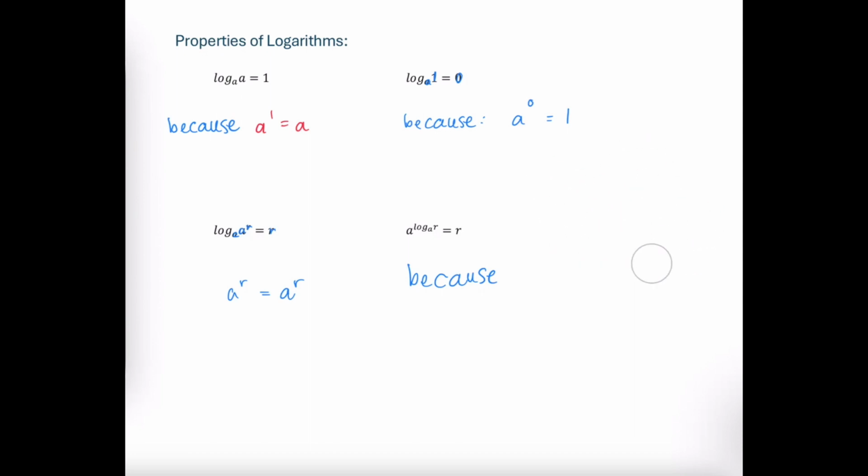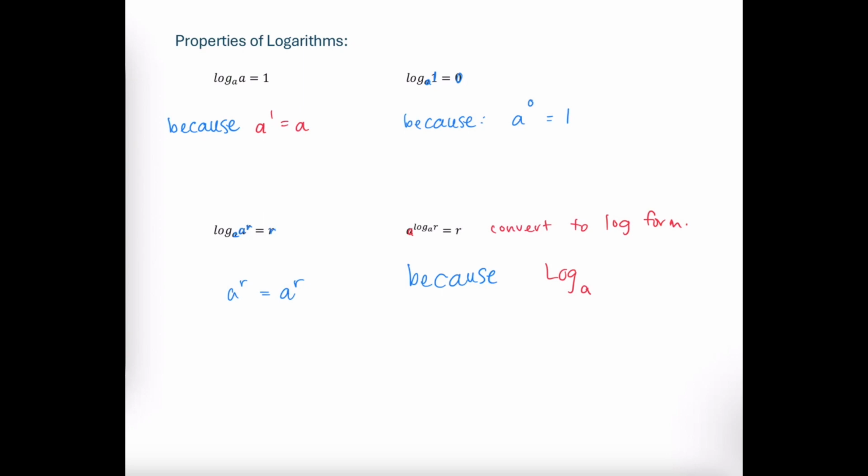So considering that, we could convert it to log form. If we convert it to log form, then we're going to start by writing down the word log, and we're going to say that the base from exponential form is going to be written as a subscript on the logarithm.